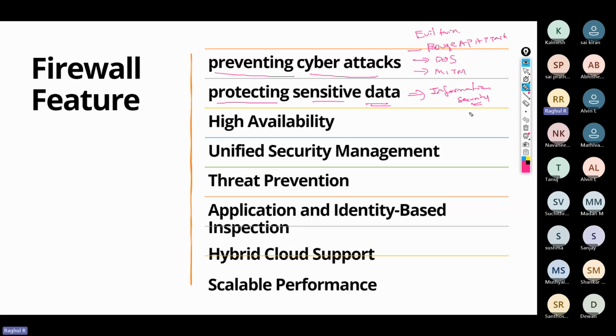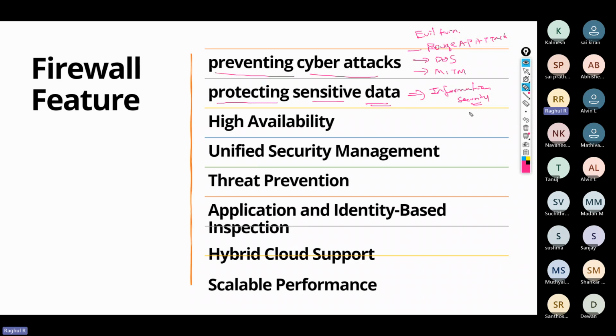The third option, high availability. This comes under the CIA triangle. The features need to be available at all times, which means the firewall needs to be available always. For example, if due to a power cycle the firewall gets rebooted or powered off, the connection gets disconnected and everyone will face an issue in the network.